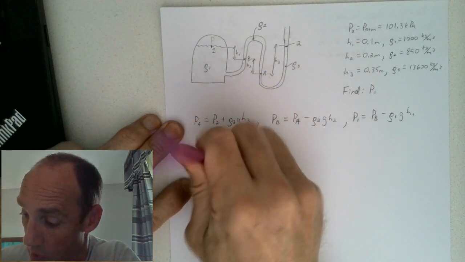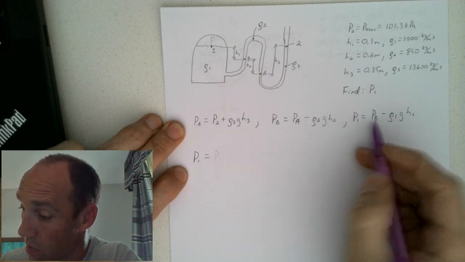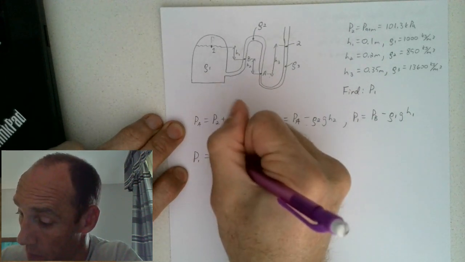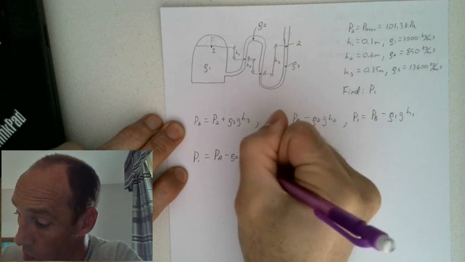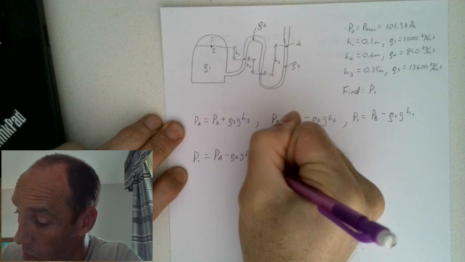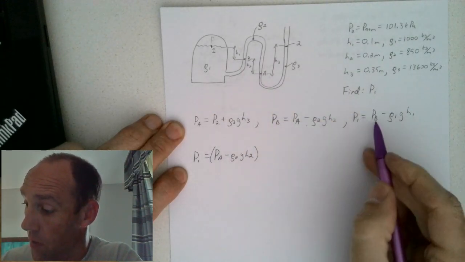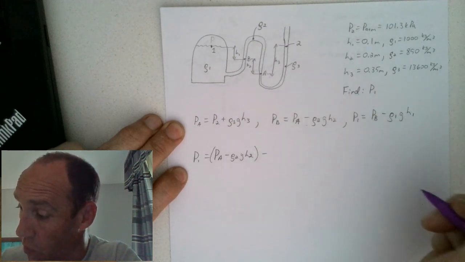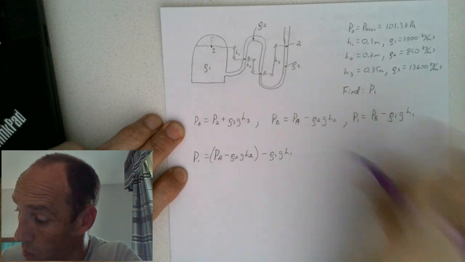I'll just go step by step. P1 is PB, so I'll substitute PB in there. That's the pressure at point B, and then I have to subtract rho 1 g H1.